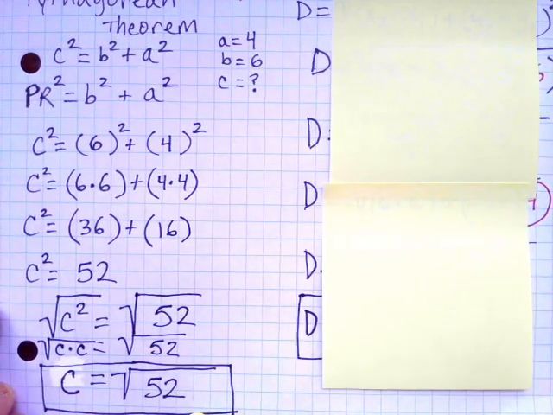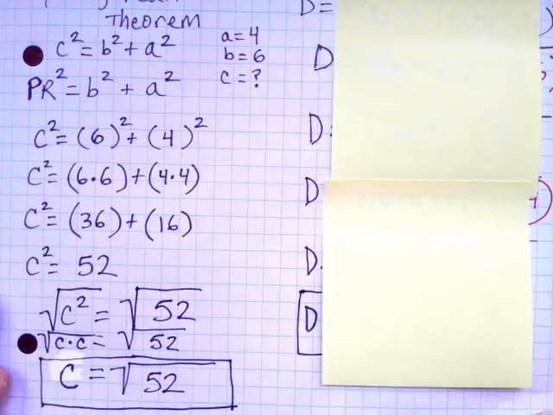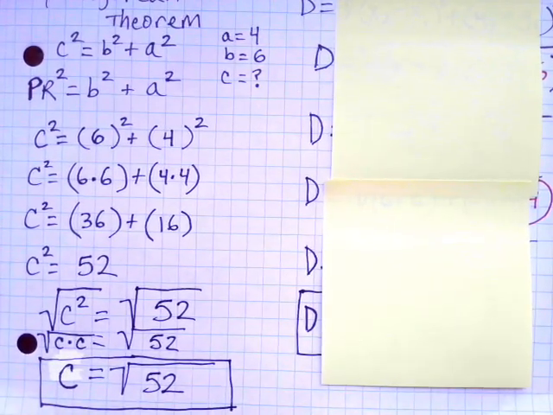Now, it's difficult if you don't have a scientific calculator; you may have to do this manually. But I want to do my very best to find out if 52 has a perfect square. The closest to 52 is 49. I know that's 7 times 7, so 49 would be a perfect square.